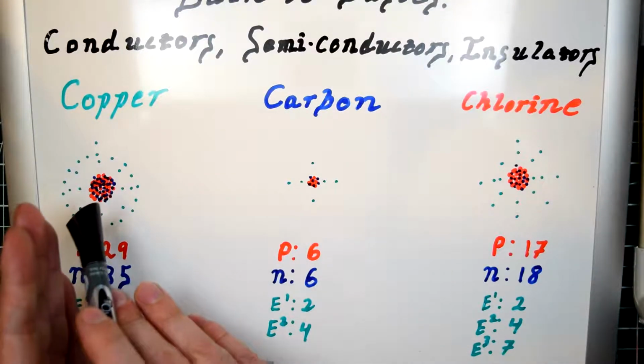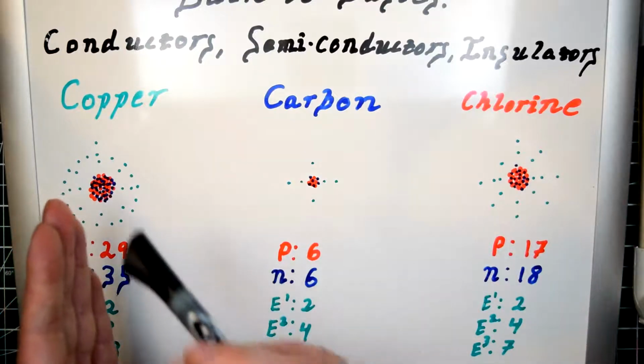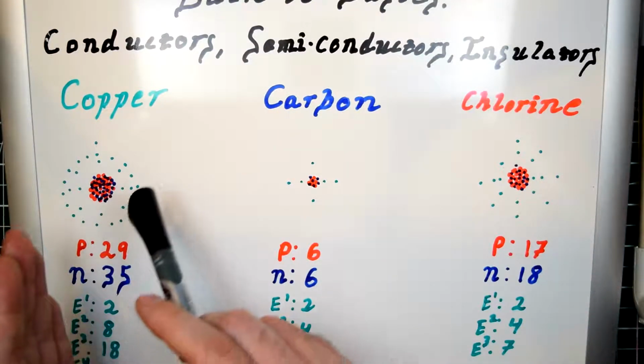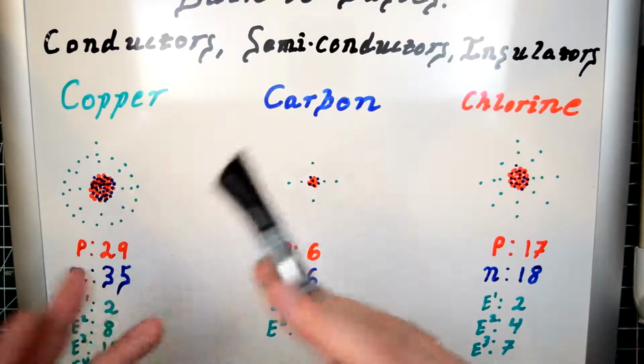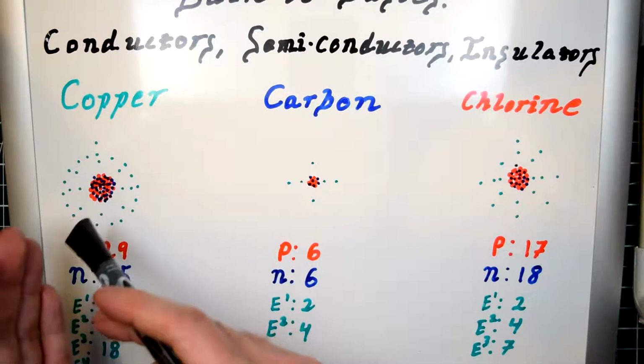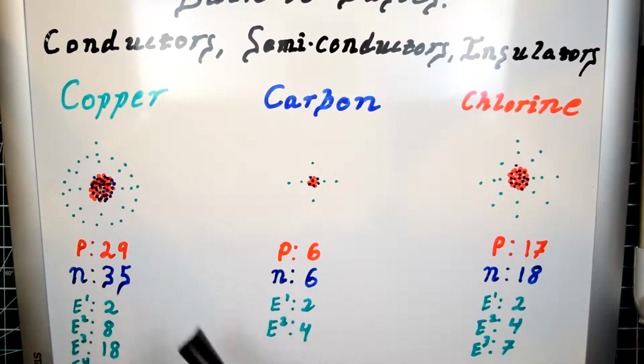And instead of one electron flowing through the circuit, you just have a bunch of electrons shifting down the line. And so that's why copper, silver, gold, anything with 1 electron in its outer valence will be an excellent conductor.